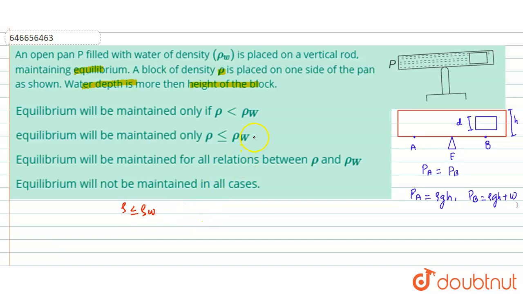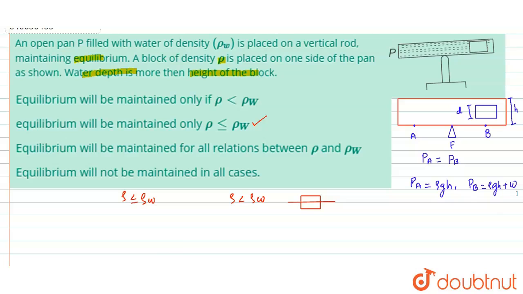Which makes this the correct option. Why will these two conditions be satisfied? The body floats when the density of the body is less than the density of the liquid, with some part of it above the water. Just like this.